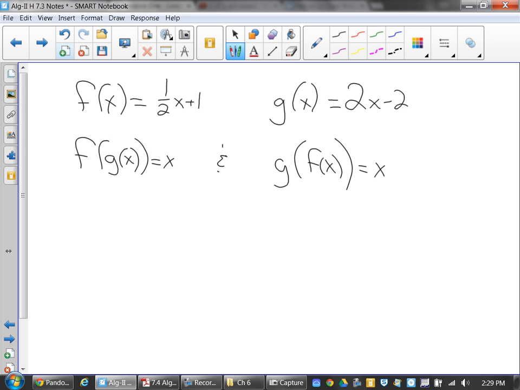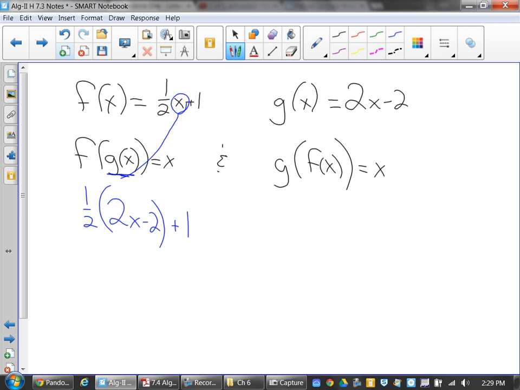You okay with that? And I surround it with the f equation. So g of x is 2x minus 2. To that, I have to surround it with 1/2 plus 1, because remember, I'm taking g of x and substituting in for x. Are you okay with that?